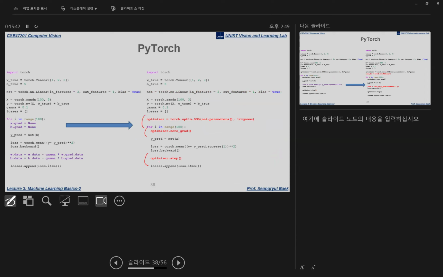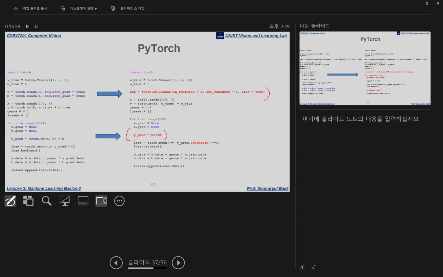Without coding the parameters explicitly, we can make a net variable that specifies the entire model, even bigger models.